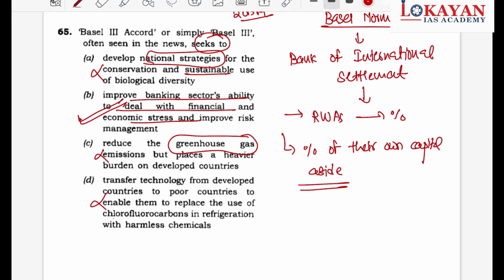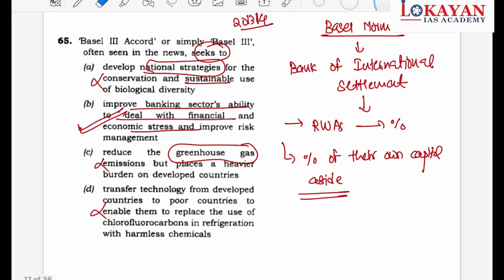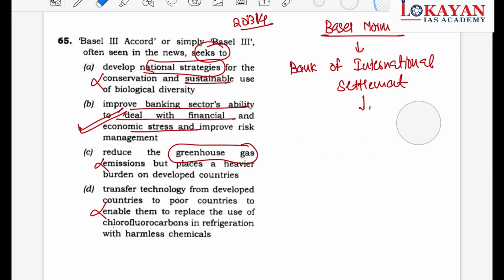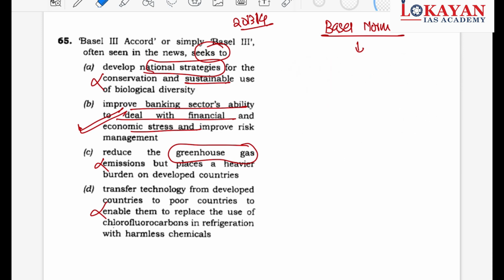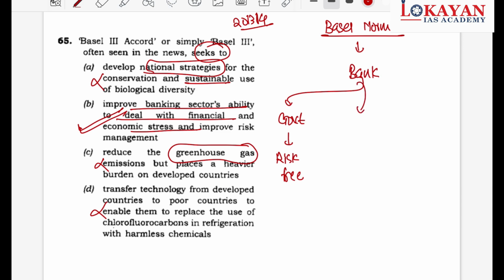Let's understand this through an example. A bank provides loans to various entities. Generally, a loan given to the government is risk free, because the government can print money even if it does not have anything, and pay back the bank. Suppose the bank has given a loan to a corporate; suppose there is a risk of 20%.